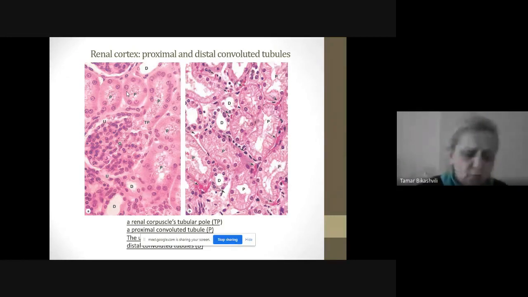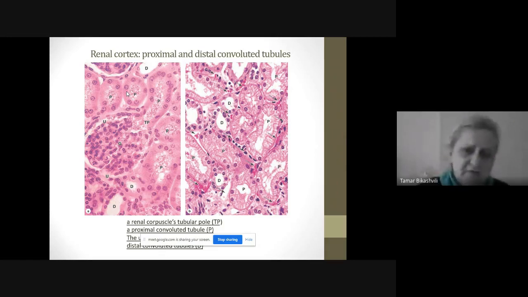Over half of the water and electrolytes, also organic nutrients, are reabsorbed in the proximal convoluted tubules, and both active and passive mechanisms are involved in this reabsorption.